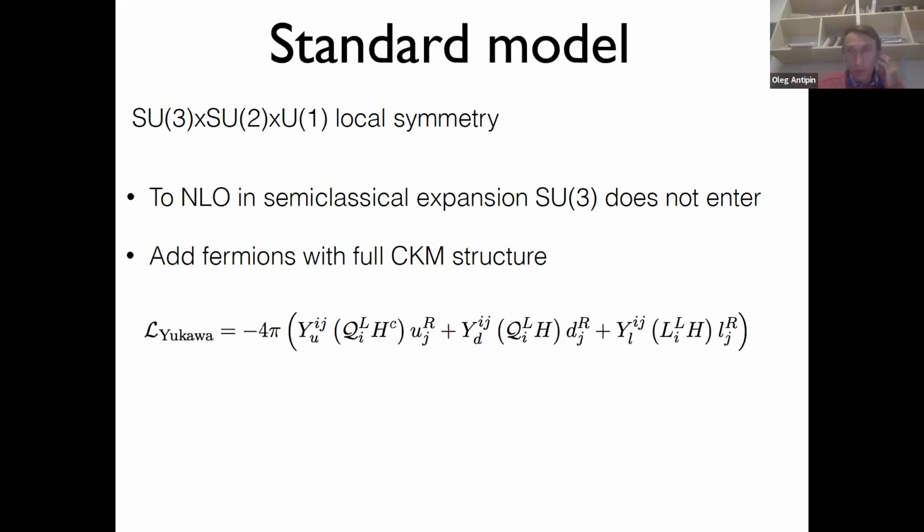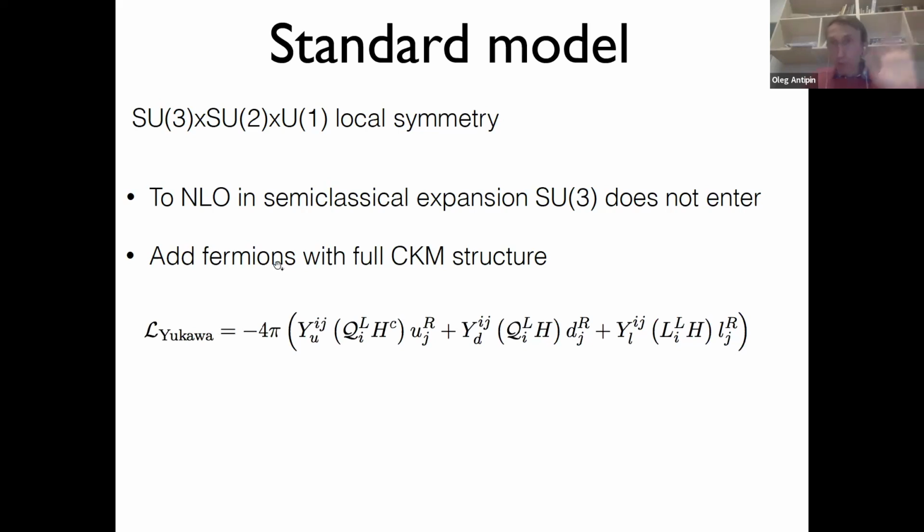Let's go to the delta minus 1, delta 0 terms, which means NLO in the semiclassical expansion. It turns out, since my Higgs field, which will be my scalar, does not talk to the gluons, to the order I'm working, to the NLO, SU(3) will not enter in this calculation. It will appear only at NNLO order. So basically, we have SU(2) cross U(1) at this order.